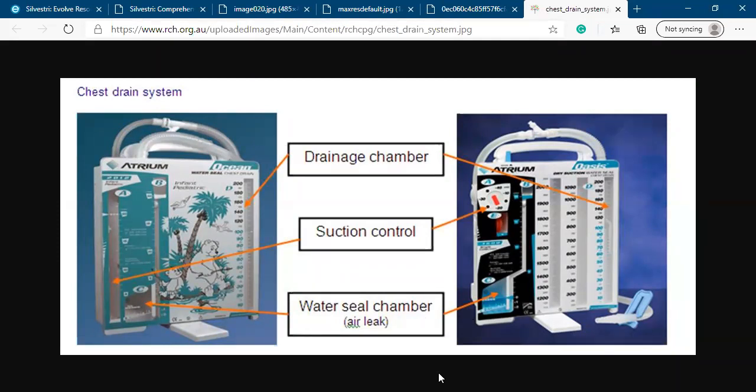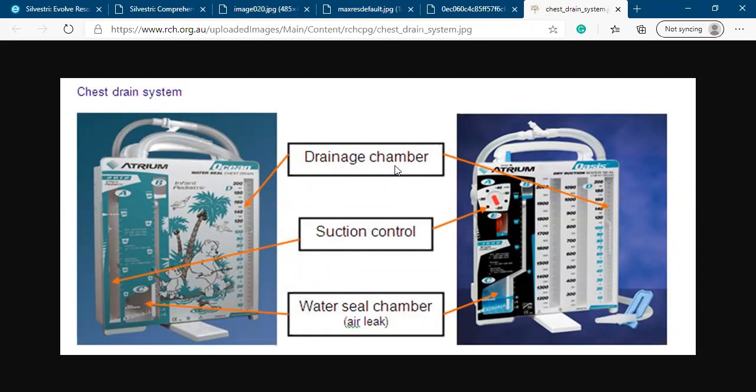One chamber is called the collecting chamber. The other is called the water seal chamber. The other is called the suction chamber, right? And the drainage chamber, or collecting chamber.